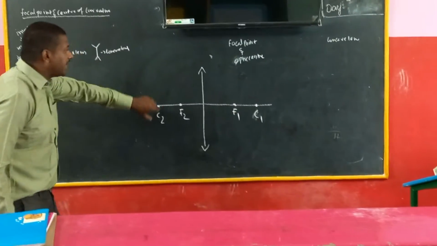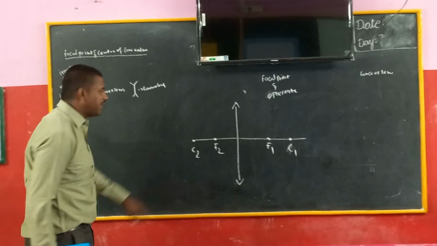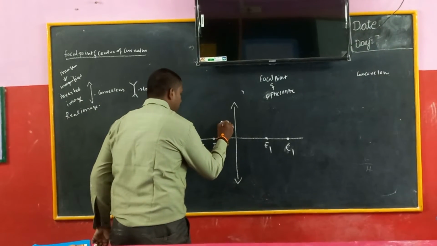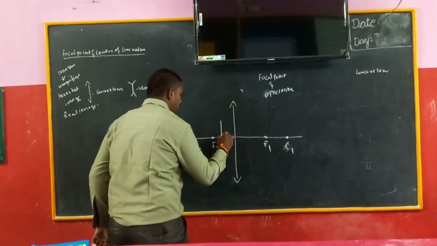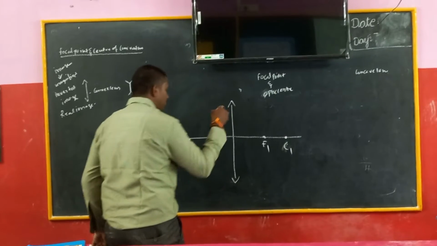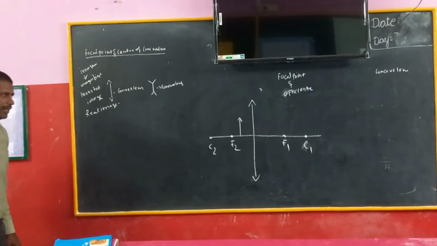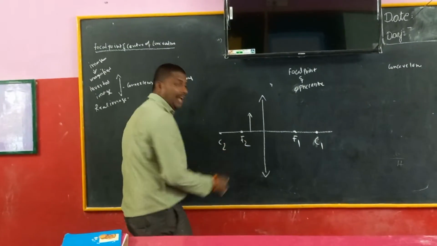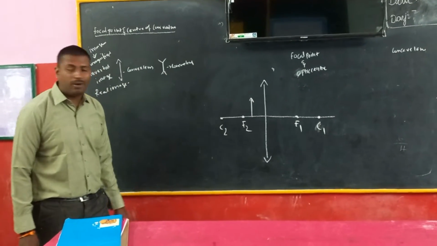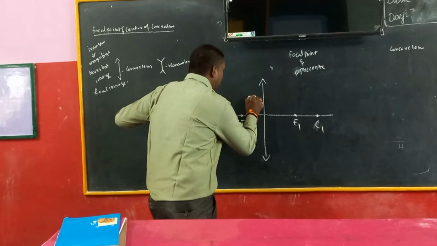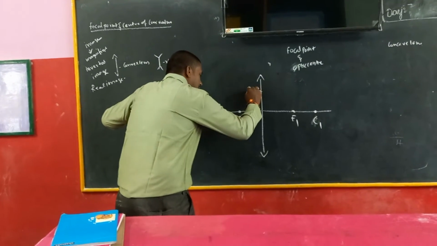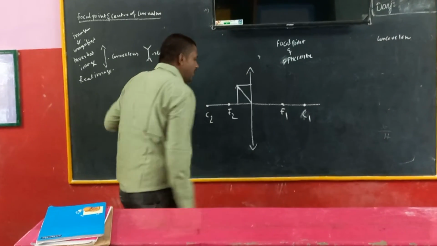Now, the object is placed between focal point and optic center. As usual, two rules should be followed. One should be drawn parallel to the principal axis and another should be passing through the optic center.